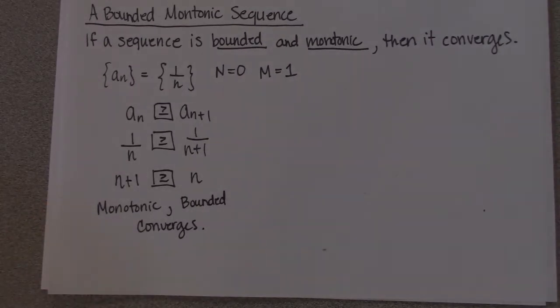We can also see that it converges because we could apply the nth term test, right? And the limit of 1 over n is 0, so we know it converges to 0. So we can confirm that this theorem is telling us the truth because we had another way of verifying that the sequence converges.